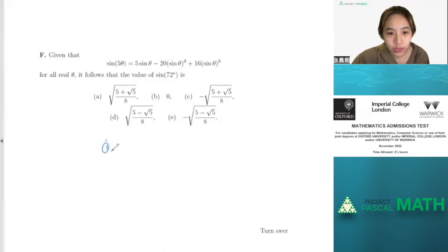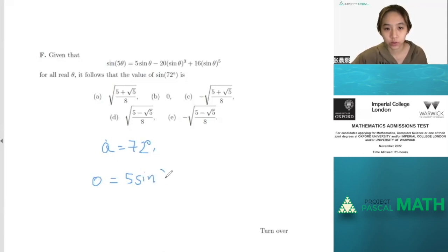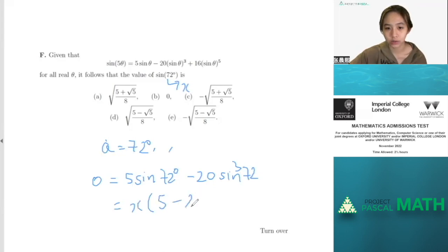Okay, so you have theta equals 72, which gives you 0 equals 5 sine 72 theta minus 20 sine 72 theta cubed. For simplicity's sake, let this be x. So it equals x times (5 minus 20x squared plus 16x to the power 4).